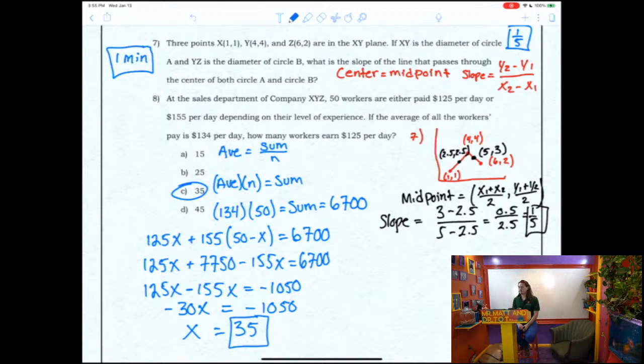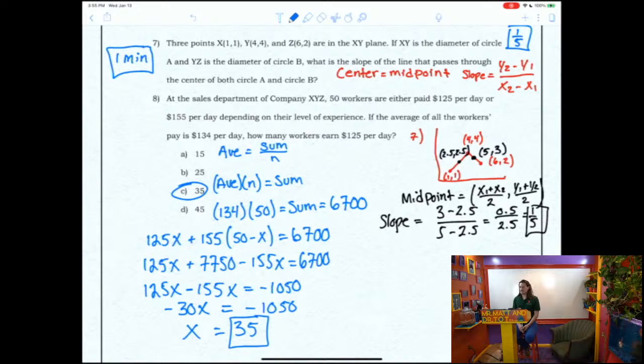The midpoint formula is just the sum of the x-coordinates divided by 2, comma, the sum of the y-coordinates divided by 2. So if we take 1 plus 4, which is 5, divided by 2, we get 2.5. So the coordinates for the center of circle A would be 2.5, comma, 2.5.